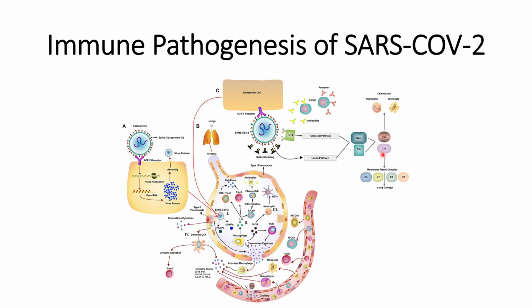So in this case, the function of C5a is to recruit more immune cells such as neutrophils and monocytes. The function of C5b, however, is to form a membrane attack complex, which will help in lysing the cells that are infected with the SARS-CoV-2 virus.